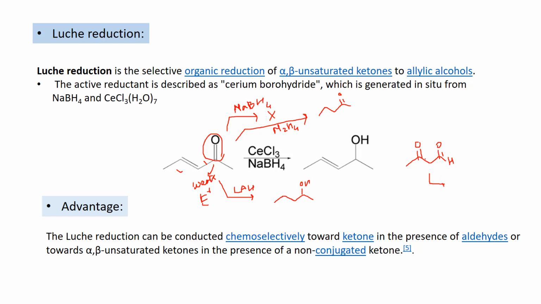It will selectively reduce the ketone, whereas any other reducing agent will first reduce the aldehyde, then the ketone. But in this case, in just one step you will get the reduced product of the ketone. The chemoselectivity of this reaction is its advantage. So in the presence of aldehyde, if you want to reduce any ketone, what reaction will we apply? We will apply this Luche reduction.